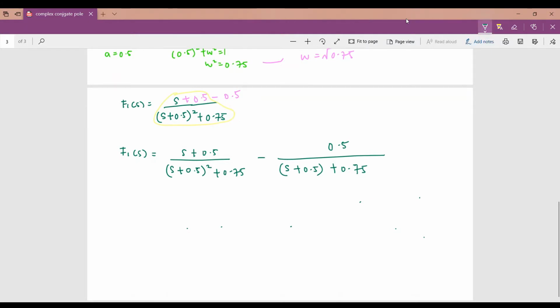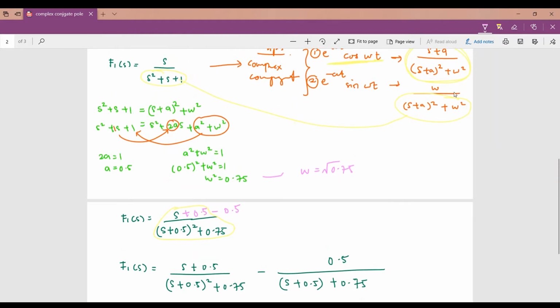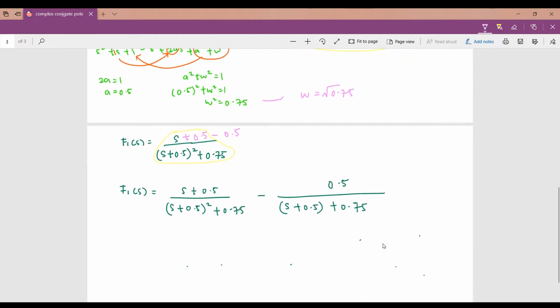Here omega square is 0.75, so omega is square root of 0.75. I would like to have omega at the denominator, so I just add, but don't change. In order to not change the original value, I just divide again by the same value, so that it is like I just multiply by 1.